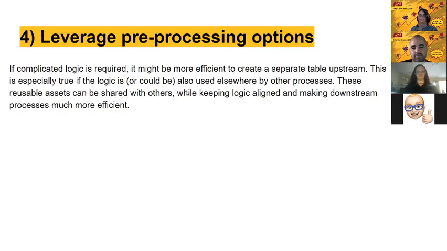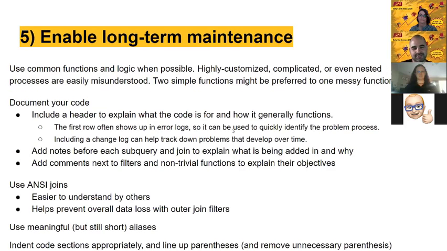And long-term maintenance. This is really just document within your code, document outside your code, document your code in general. And there are certain ways that you can write that code to make it easier to maintain as well, right? So if you're doing something crazy, definitely document it.